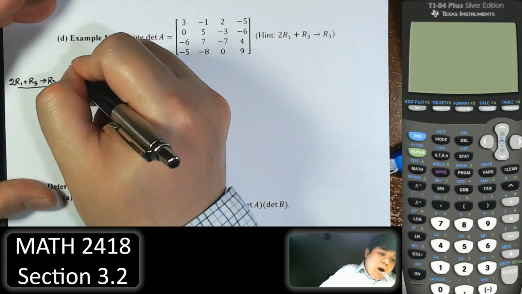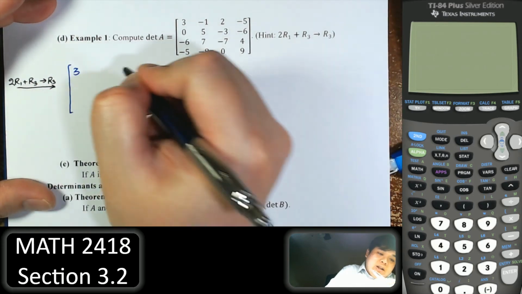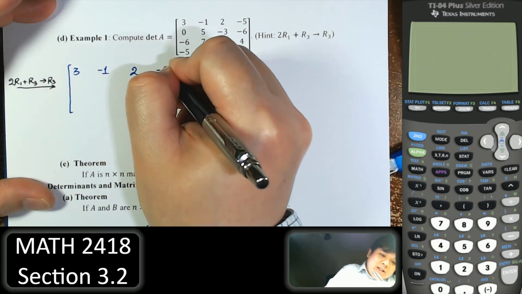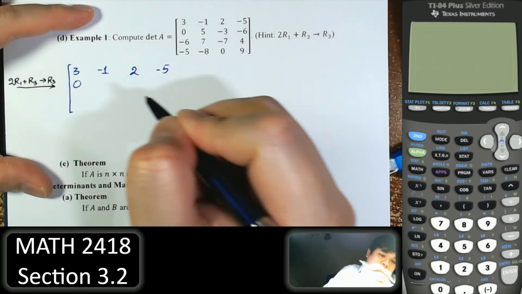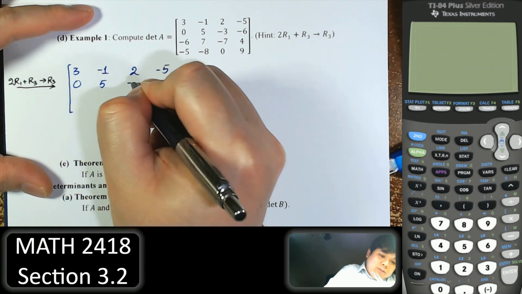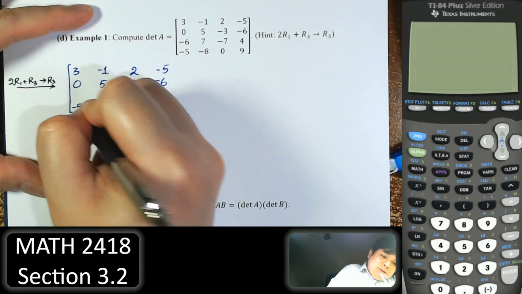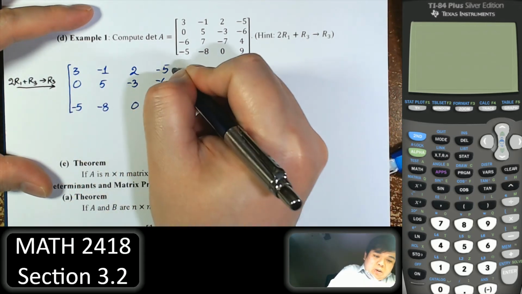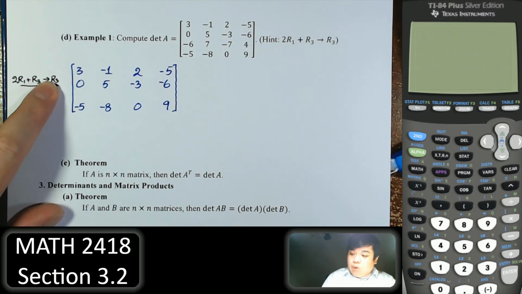In that case, rows 1, 2, and 4 will stay the same because we only change row 3 here.